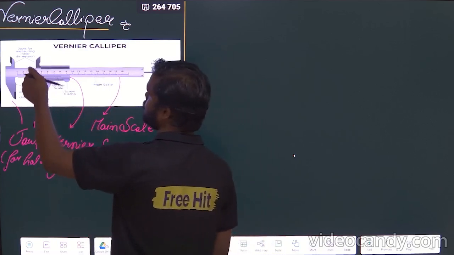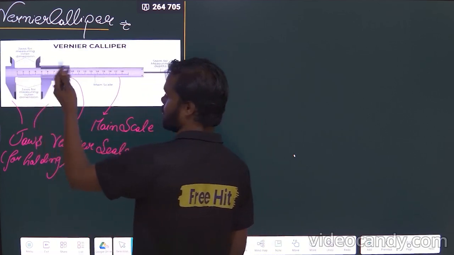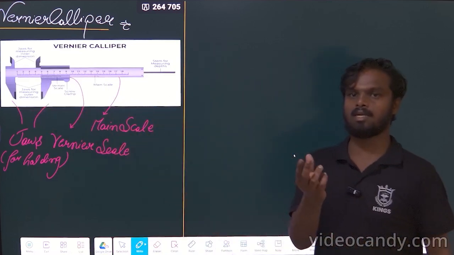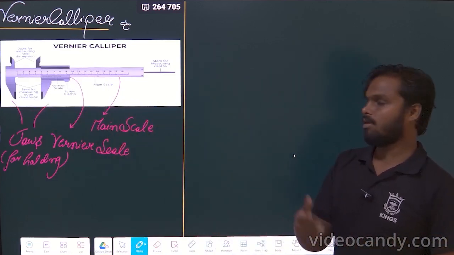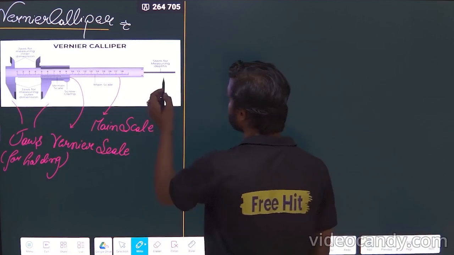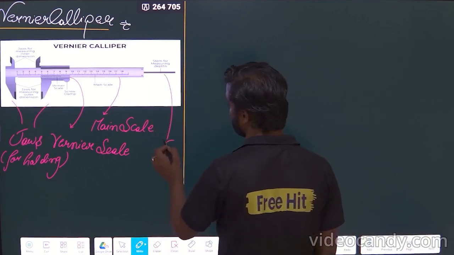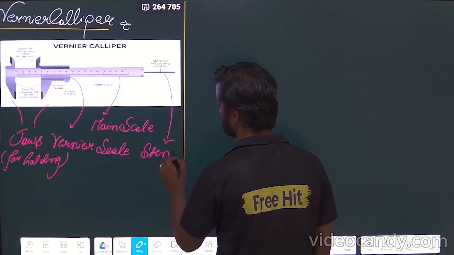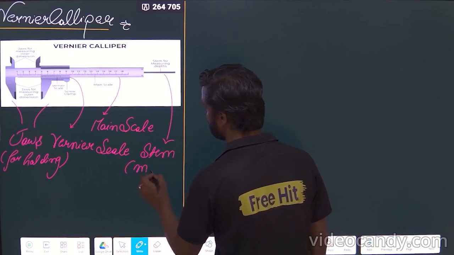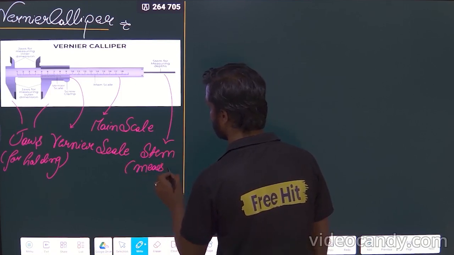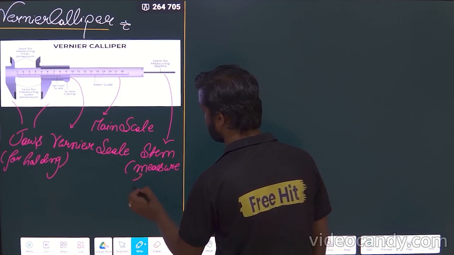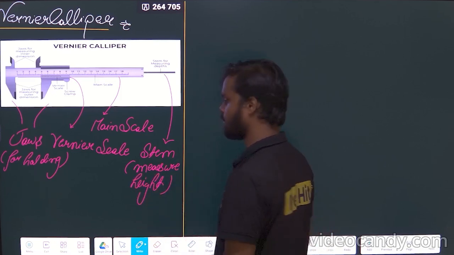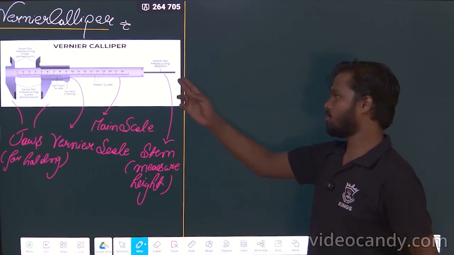The inner jaws are also used for holding, but they are used to measure the inner diameter of a cylinder. This is called the strip. It is used to measure the depth, or the height. Suppose a cylinder is there and you want to measure the height, then you will use this.